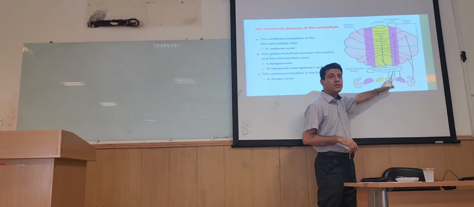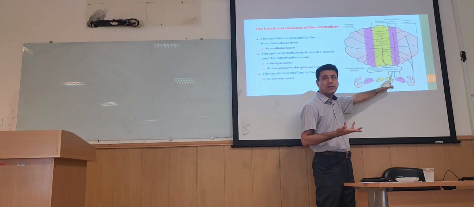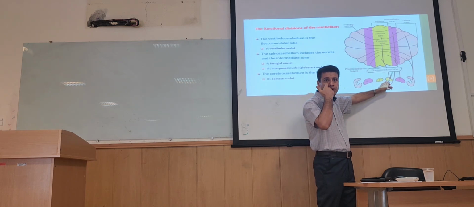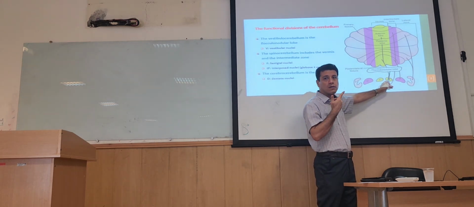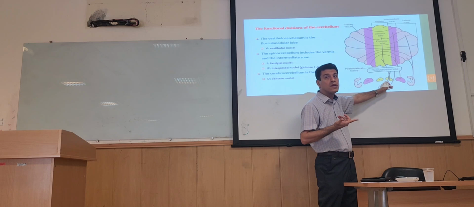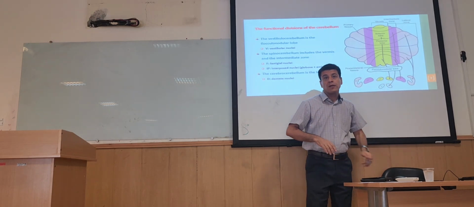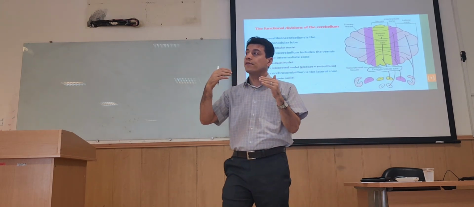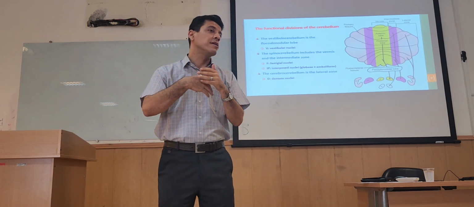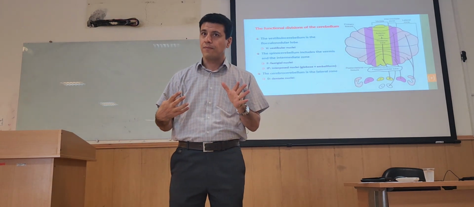What is the nucleus for the flocculonodular lobe? Do we have any nucleus for the flocculonodular lobe? The vestibular nucleus. So it's functionally connected with the vestibular nucleus, but it's not located inside the cerebellum.